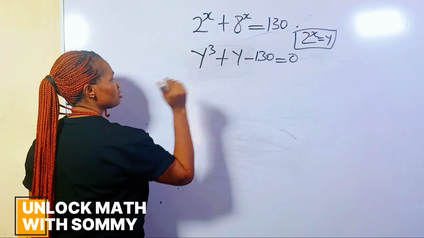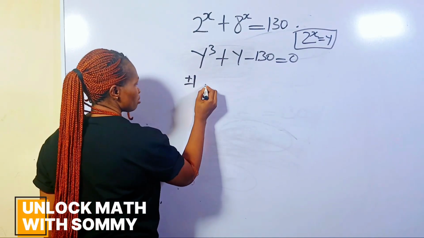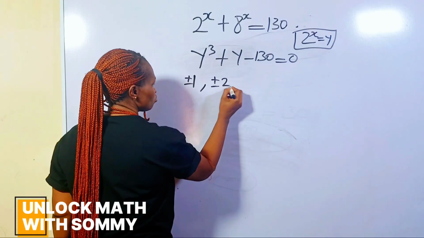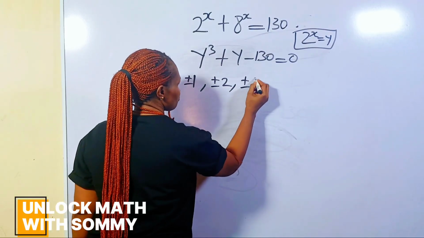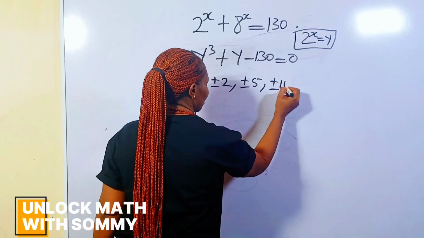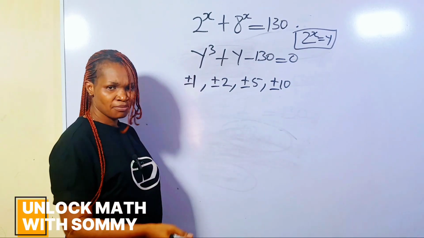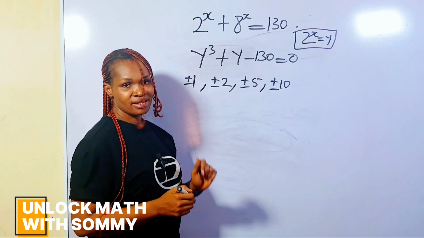The factors of this 130 involve plus or minus 1, plus or minus 2, plus or minus 5. We even have plus or minus 10, and so on. We even have plus or minus 26, and so many of them, even plus or minus 130.